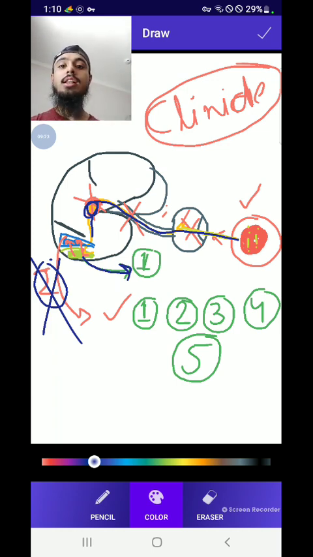So what is the clinical term related to this pathology?